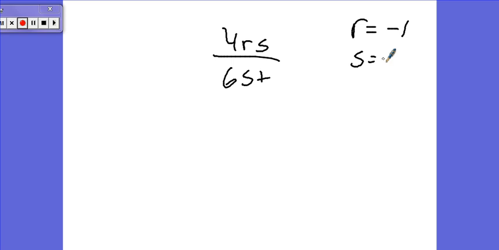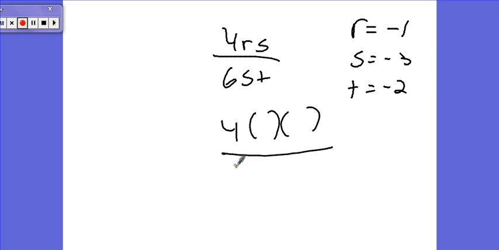Let's do a division one so we can see all the examples that you're going to face today. R equals -1, S equals -3, T equals -2. When we have division, we do the top first, then we do the bottom second, and then we divide.